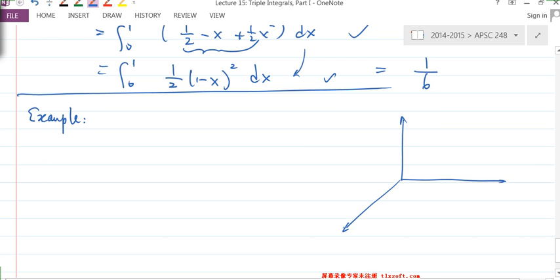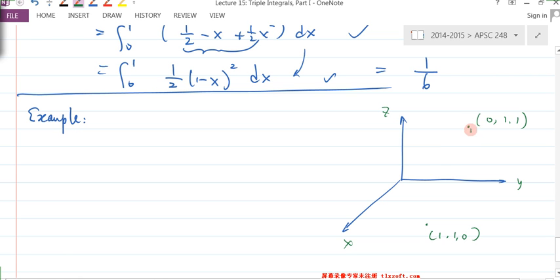So I'll draw the region D here. So region D, there's a point here, and that point is 0, 1, 1. So this point is inside the YZ plane. And then there's another point, and this is 1, 1, 0. So this is inside the XY plane.